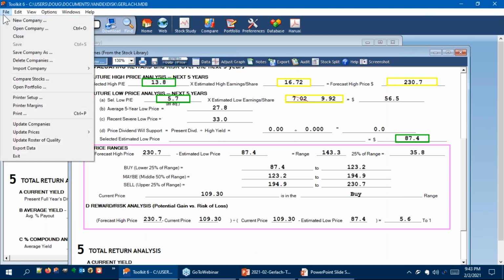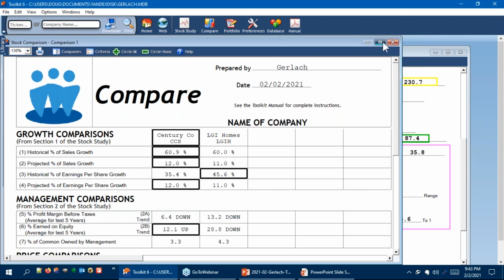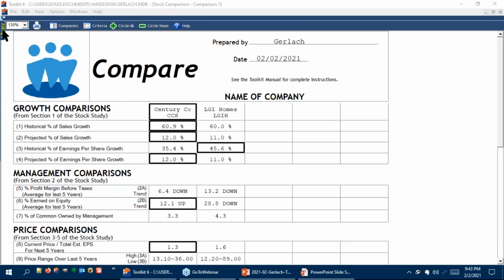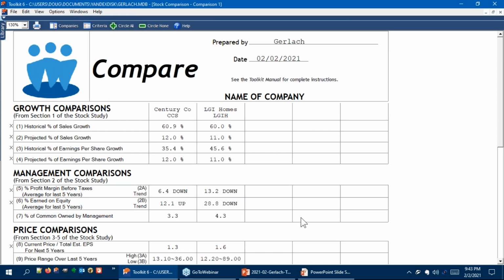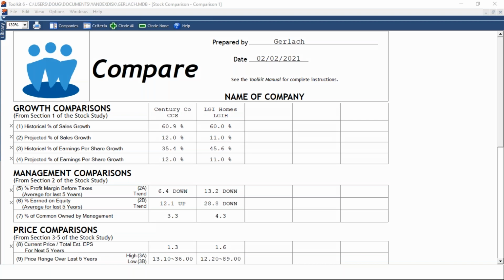So from here, we're going to compare the companies. Select File, Compare Stocks. We will add both of these to our list, and then click the Compare button and go into the compare module. Let me grab my pen, and we'll make it a nice color.